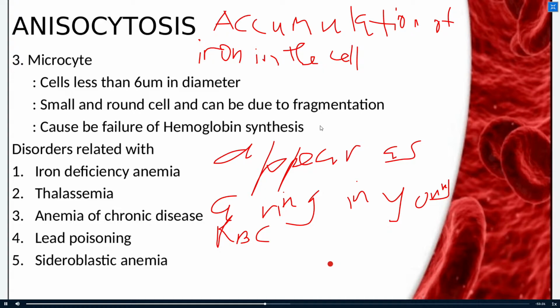Imagine, class, this would be your pronormoblast. So may makikita kang parang ring shape dyan. So that's one of the characteristics. Yung ring shape na yan, yan yung accumulated iron. And remember, when iron is again decreased, that would lead to your microcyte. Again, sideroblastic anemia, class, is characterized by the accumulation of iron in the cell. It would appear as a ring in young RBC precursors.